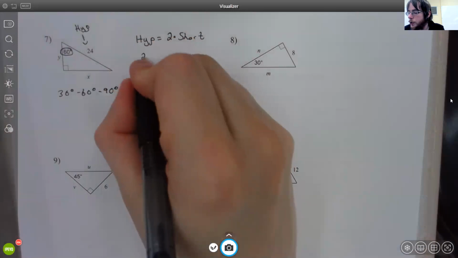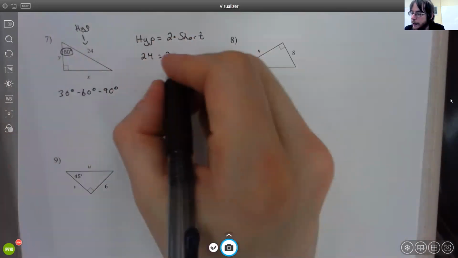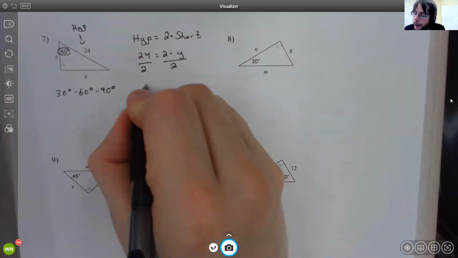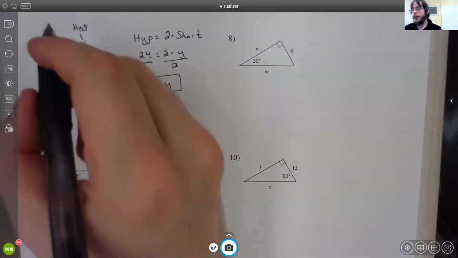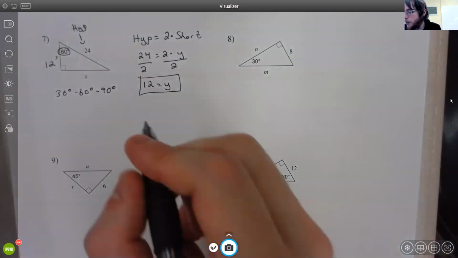Our hypotenuse is 24, which equals 2 times the short leg, which is y. Divide both sides by 2, and you find that y is equal to 12. Now we can use our short leg to determine our long leg. Our long leg is equal to the short leg times √3.